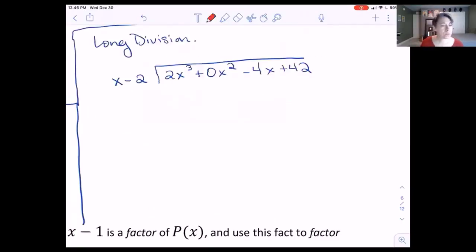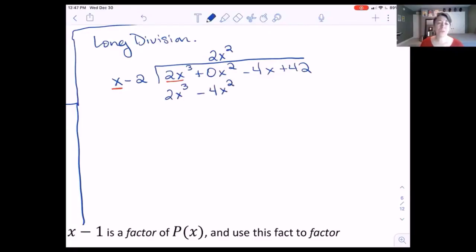Our goal with long division is to multiply this x by something so we would get exactly a 2x cubed. Well, x times 2x squared would give us a 2x cubed, so I'm going to put a 2x squared in my squared column. Then I'm going to distribute. 2x squared times x is 2x cubed. 2x squared times my negative 2 is a negative 4x squared.